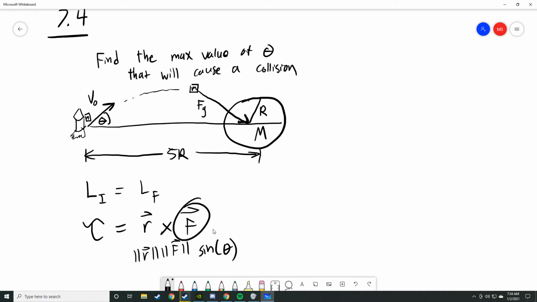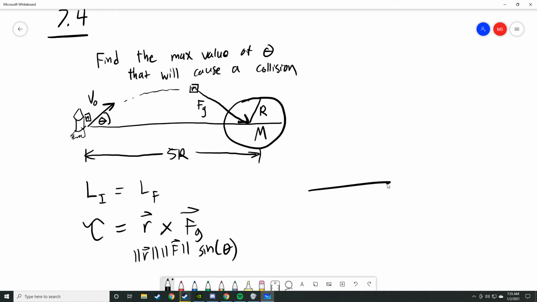Okay, but wait a minute here. This force that we're investigating is force gravity. And this radial vector, that is the vector that force gravity is acting upon. I mean, they may be different magnitudes, right? You may want to normalize this one, or gravity might have some different magnitude, but they are either collinear or antilinear.